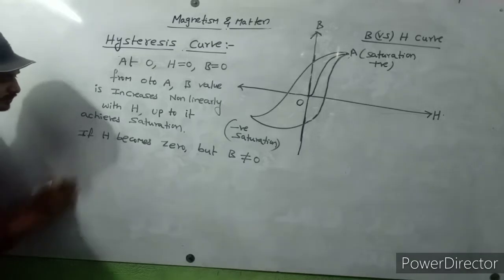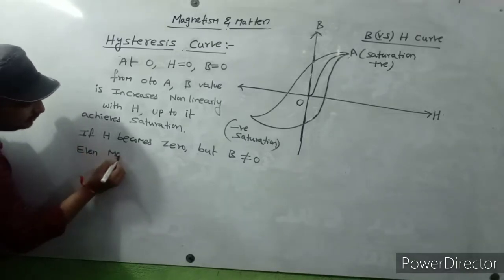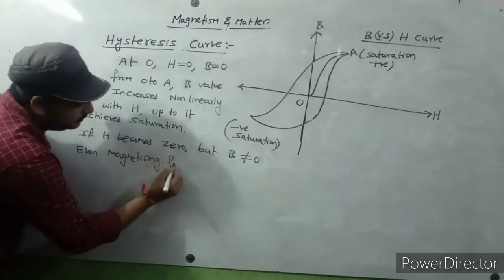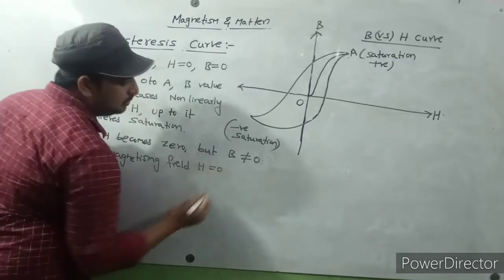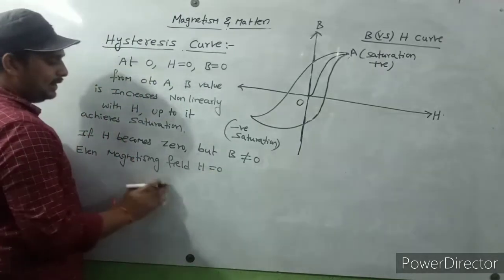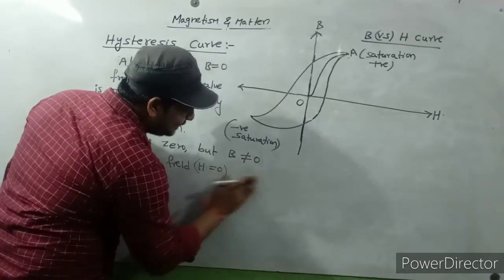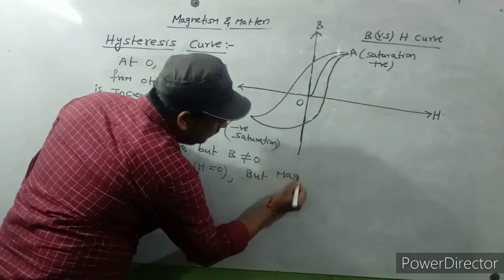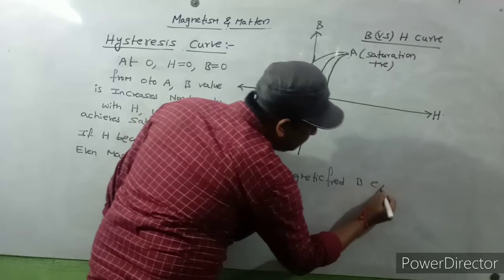That means even when the magnetizing field H is equal to 0, the magnetic field B exists.